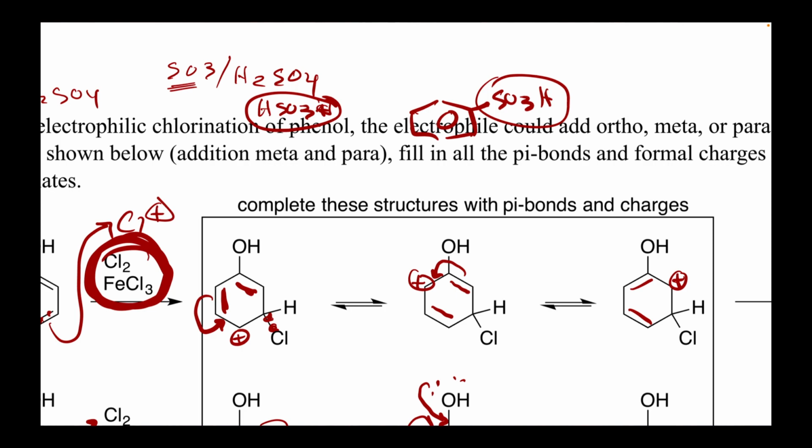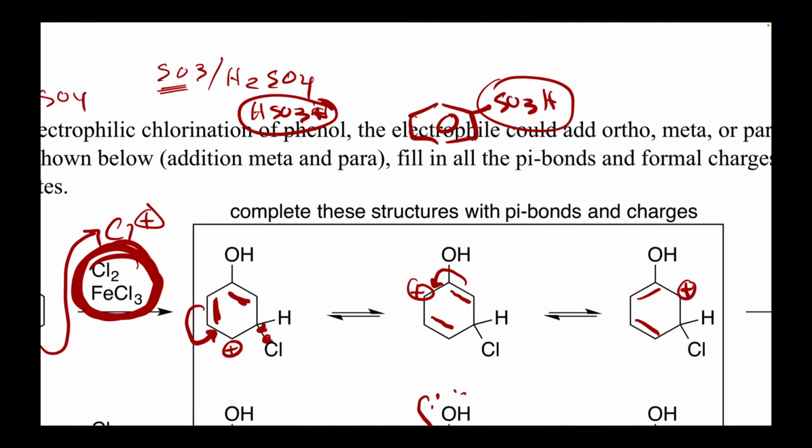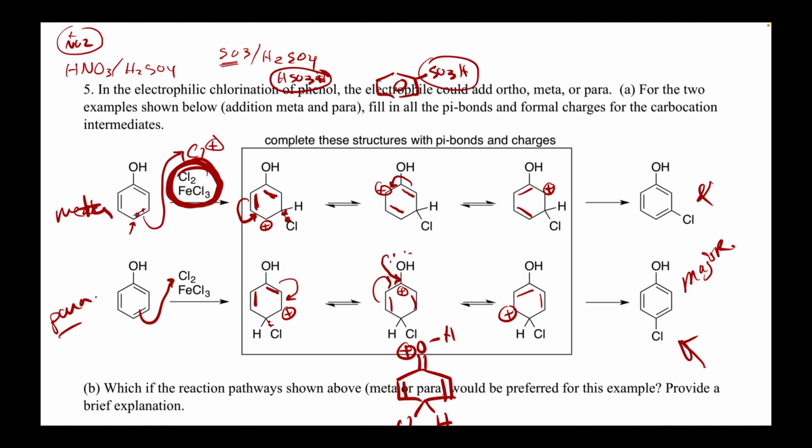Sulfonic acid. What else could we add on? We could add on a carbon group, any carbon group like methyl, ethyl, etc. We can use aluminum trichloride with some carbon group like methyl chloride. You can put on a methyl group.